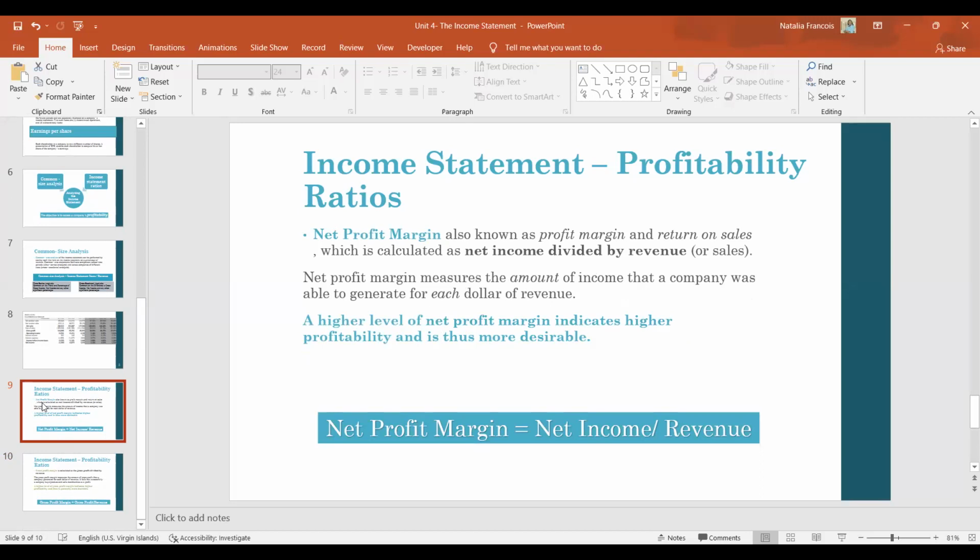Net profit margin measures the amount of income that a company was able to generate for each dollar of revenue. A higher level of net profit margin indicates higher profitability and thus is more desirable. So in your comments, in your presenting, this is what you're going to say: this is the net profit, this is what you get, and this is more desirable.